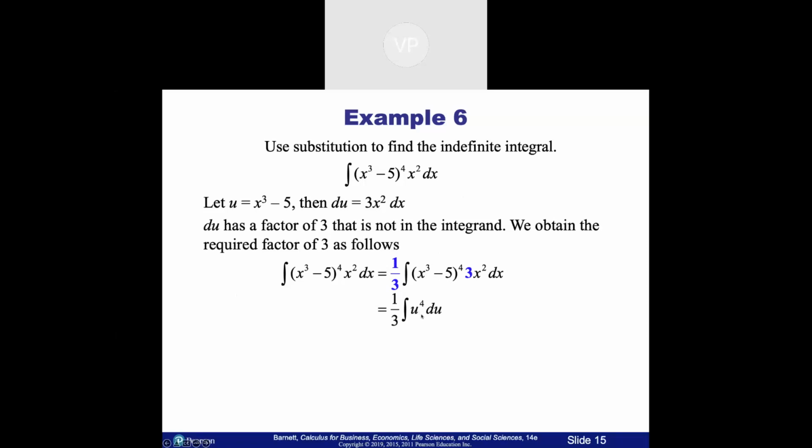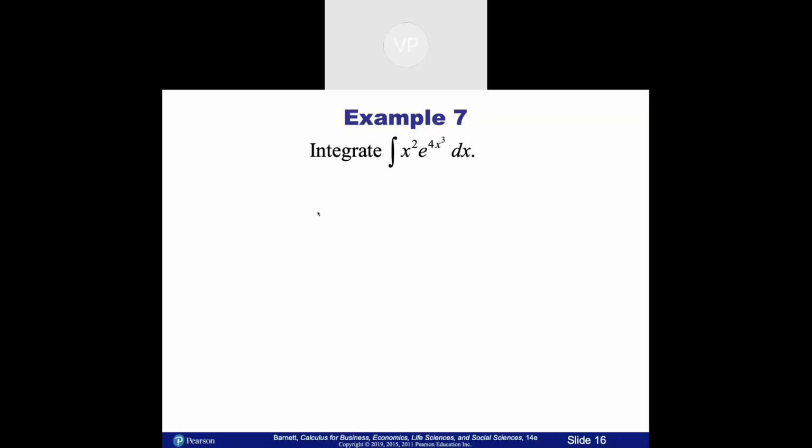We still do the variable part the same. And what do we get here? We get a u to the 5th over 5. That 3 lingers around, so that's like a 15. And then once again, like always, replace the u with the original substitution, which is x to the 3rd minus 5. Okay? All right, now we can do the same thing again here.